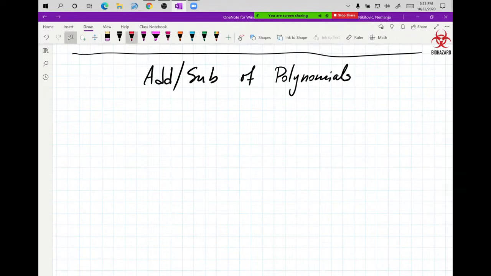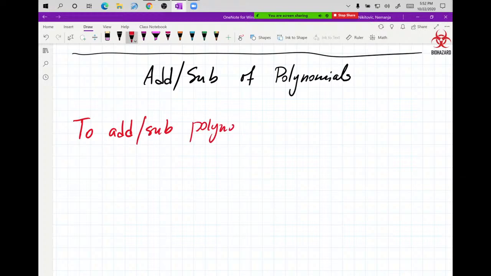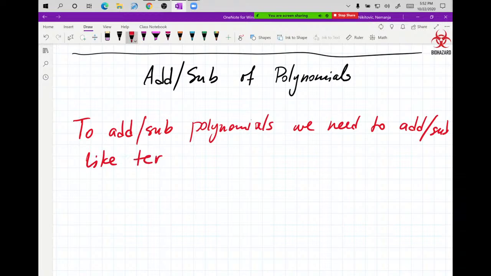So here in blue, to add or subtract polynomials, we need to add or subtract like terms.